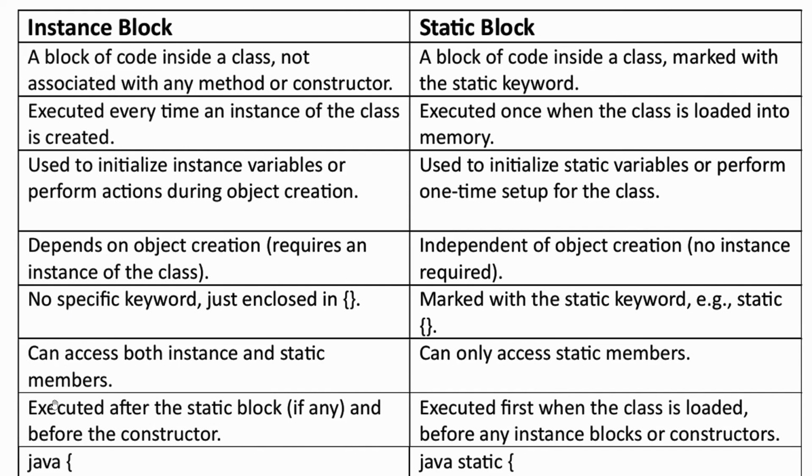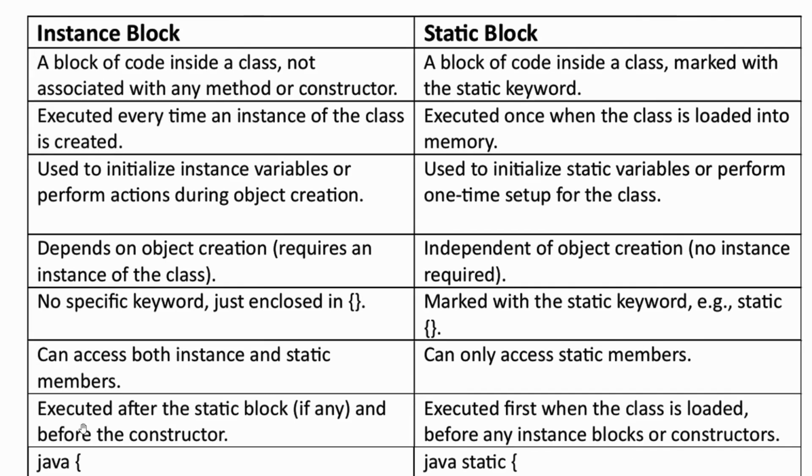The next point is that an instance block is executed after the static block and before the constructor. And a static block is executed first when the class is loaded, before any instance blocks or constructors.